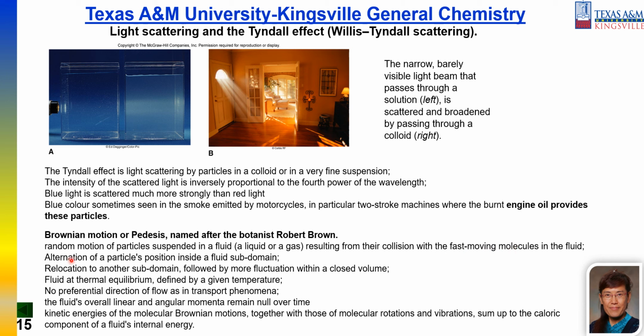So you have alteration of the particle position inside of your fluid. In your fluid, you have a subdomain, relocation to another subdomain, followed by more fluctuation in a closed volume. So this random erratic motion is called Brownian motion.